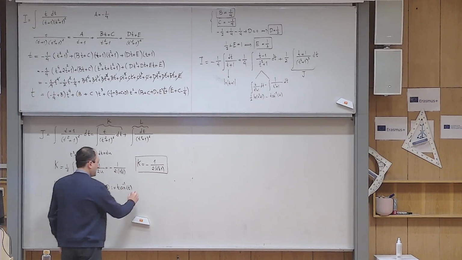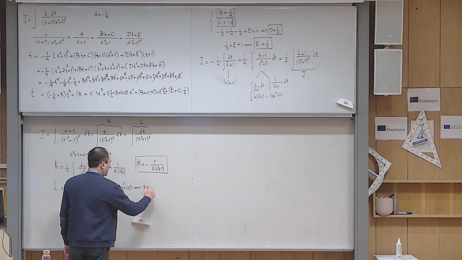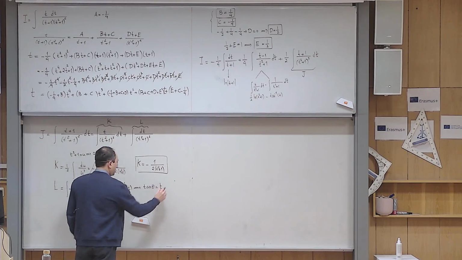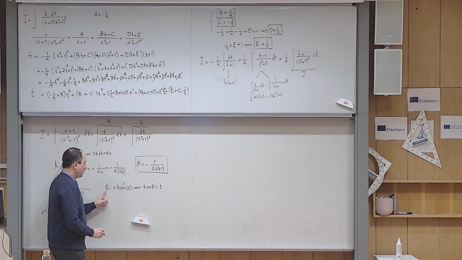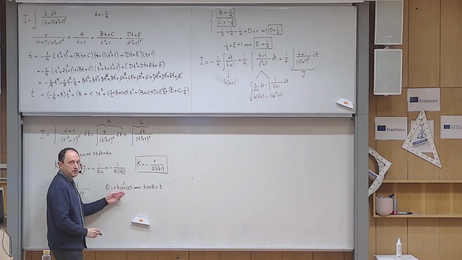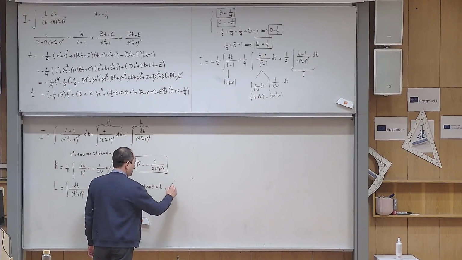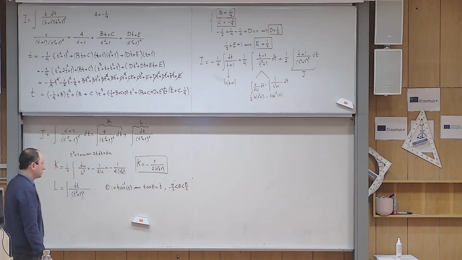So this means that tangent theta is equal to t. On the other hand, because theta is the value of an inverse tangent function, it lives in the fourth or the first quadrant. It means that theta is somewhere between minus pi over 2 and pi over 2.